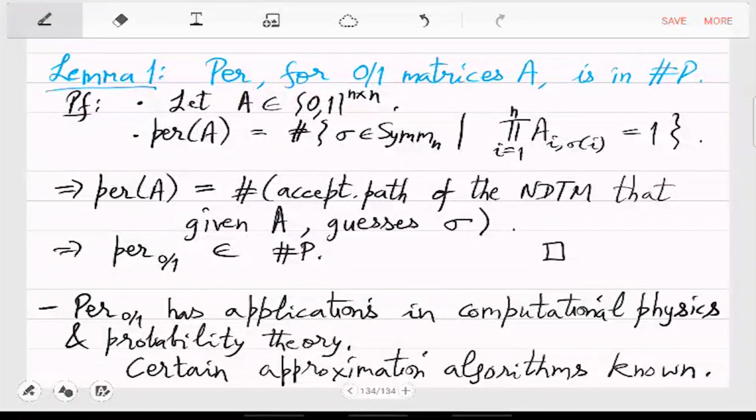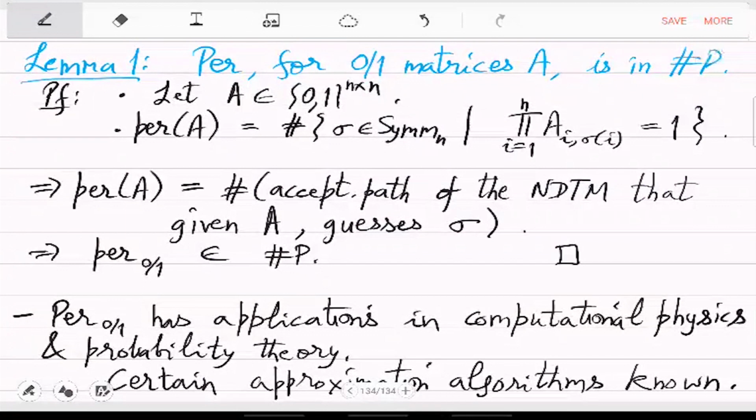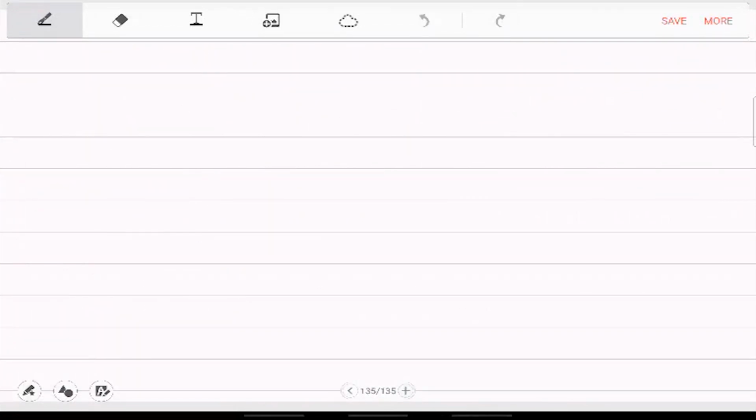We will not do that, but you can do it as an advanced topic if you want: approximation algorithms for the permanent with 0 1 entries. It has interesting connections through mixing of Markov chains and such. So what we will do here though is that it cannot be exactly computed, or it is not expected to be computable in polynomial time because it's Sharp P complete. Okay, that is what we will show. And for that we need a graph interpretation of permanent.